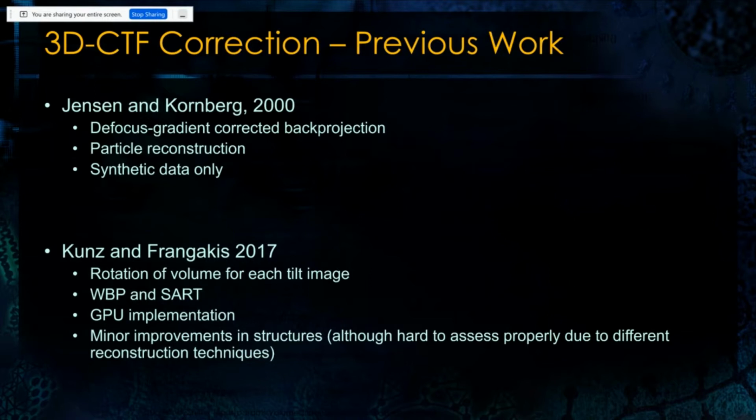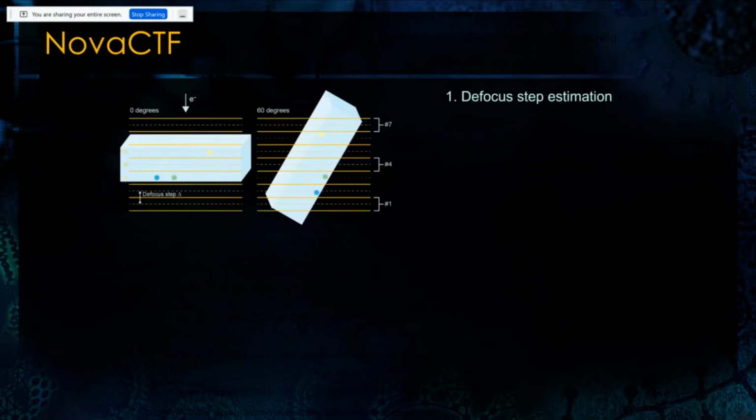So we took the work from Jensen and Kornberg and expanded it in a way that it would be possible to use it for a proper tomographic data set, meaning for large data sets. And that's what novaCTF is. It's also very simple. When we think about our reconstruction space, we divide it into slabs, defocus slabs.